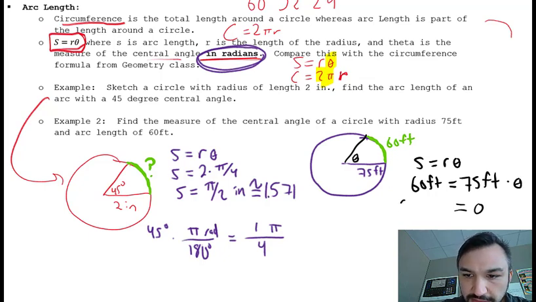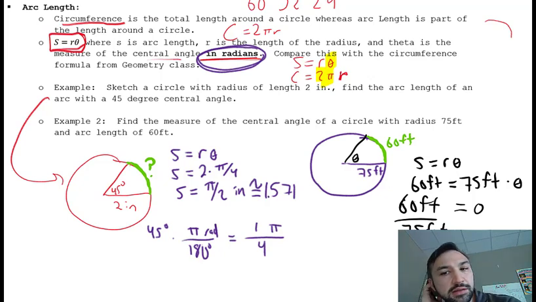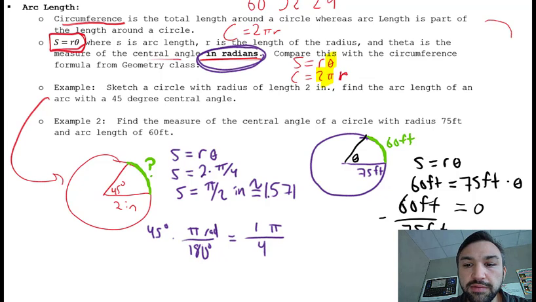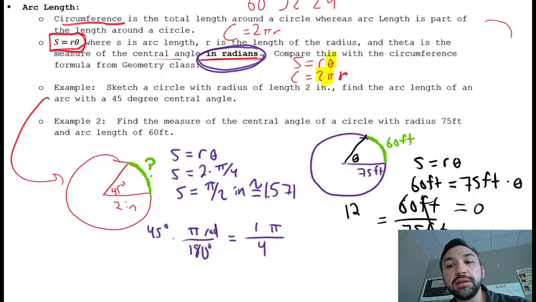Divide both sides by 75 feet. And then let's reduce this. Let's see, if I divided this by 5, this would be 12. The feet are going to cancel. And if I did this by 5, 15.